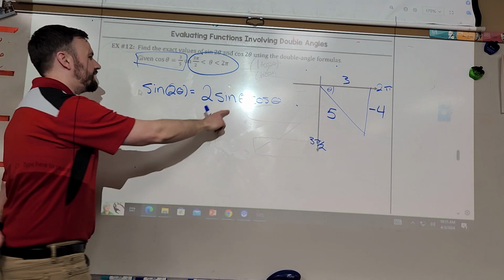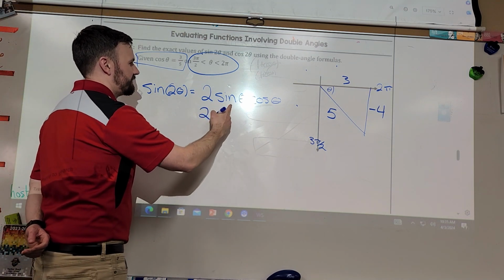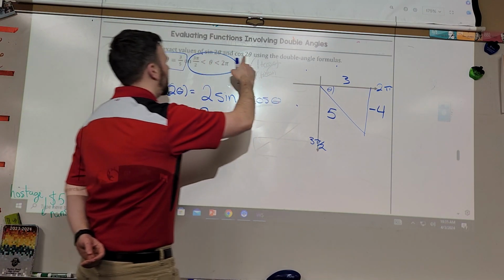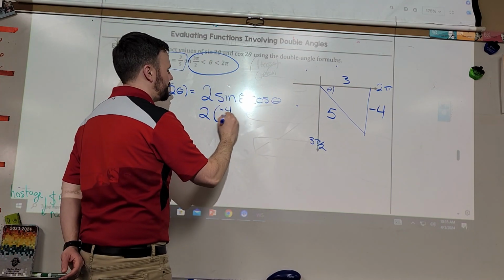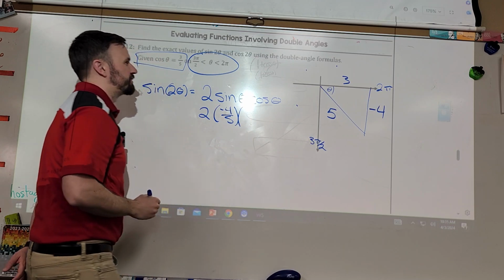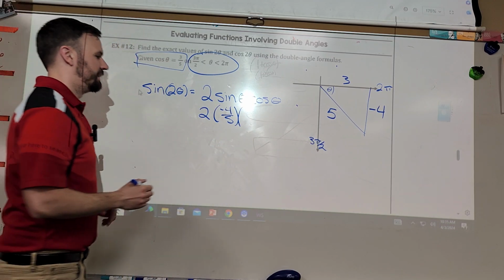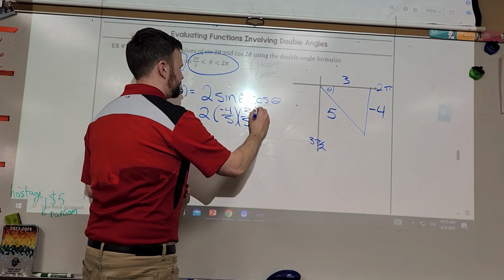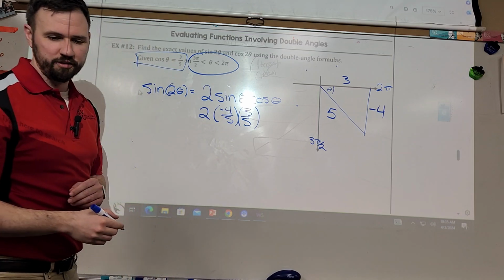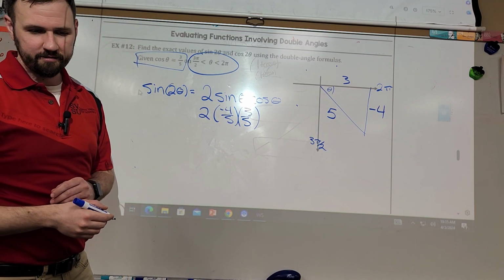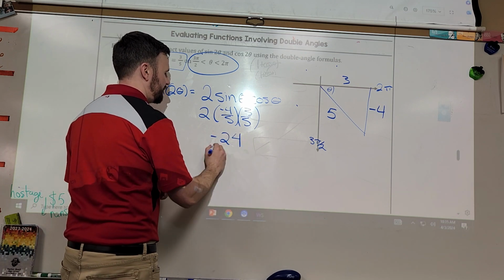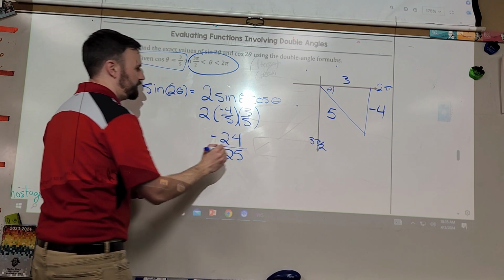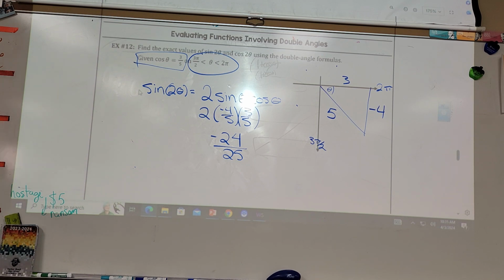Do I know what sine of theta is? Yeah, it's -4 over 5. And what's cosine of theta? 3 over 5. And what's 2 times -4 times 3? -24 over 25. See, that one wasn't as bad, right?